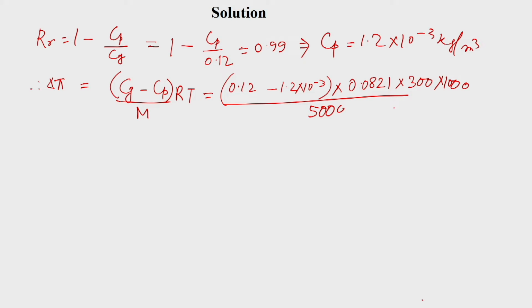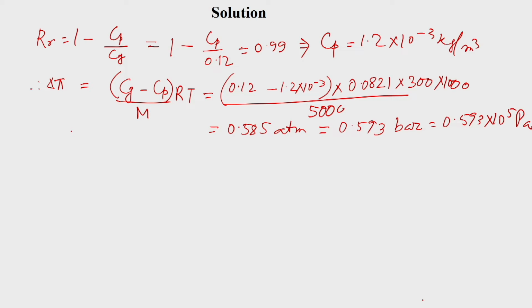So, it is coming out as 0.585 atmosphere. Into 1.023, it will be 0.593 bar, which is 0.593 into 10 to the power 5 Pascal. Okay. So, we have now delta pi also.